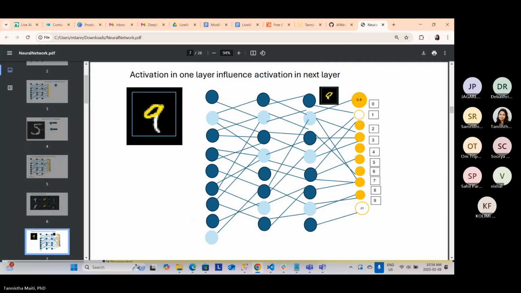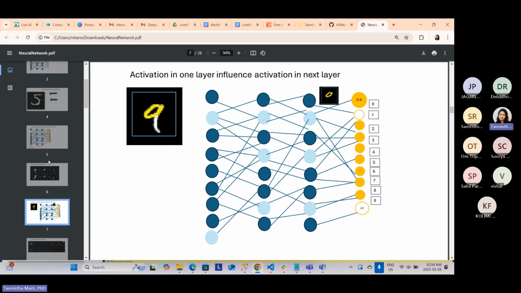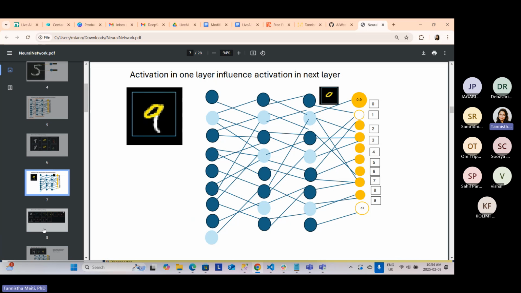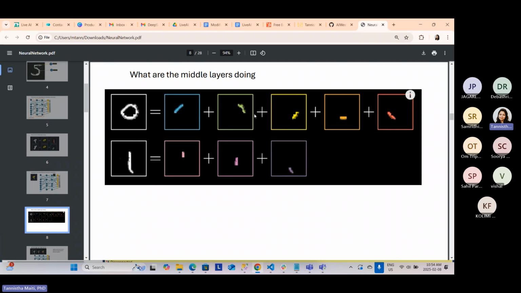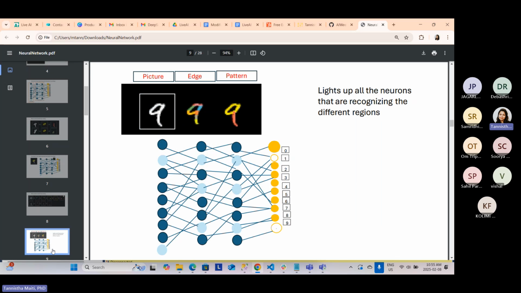So actually, we can divide a 9 and a 0 into various different middle layers, and then we can train on those. So what we can conceptualize is that it is training on various sizes and shapes of this loop, basically training on different edges and patterns.